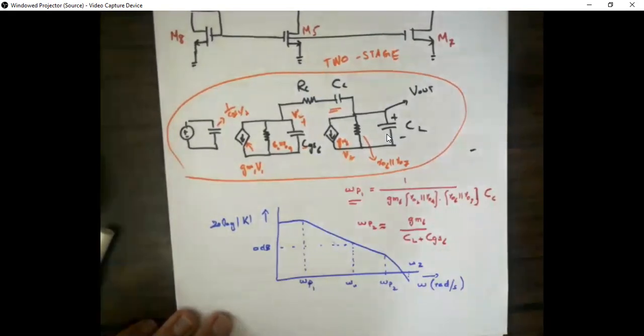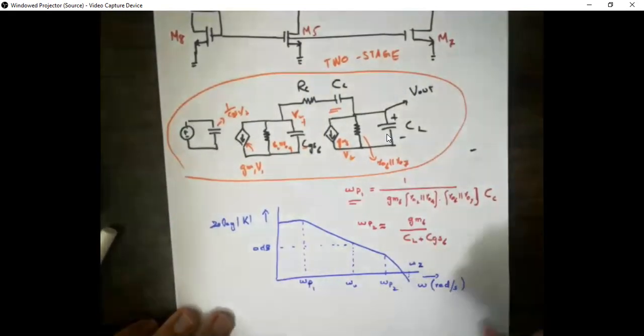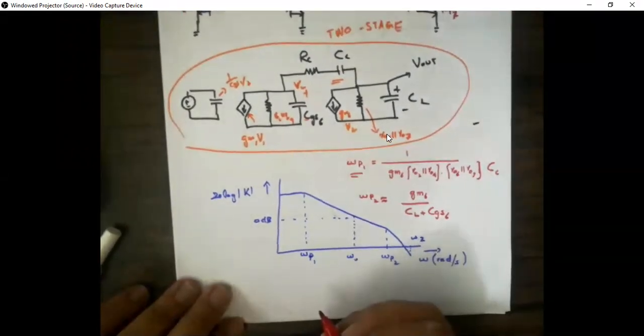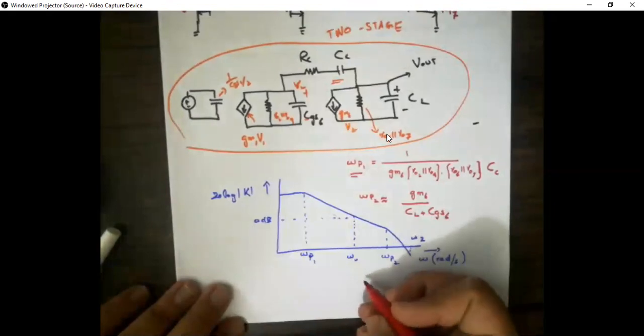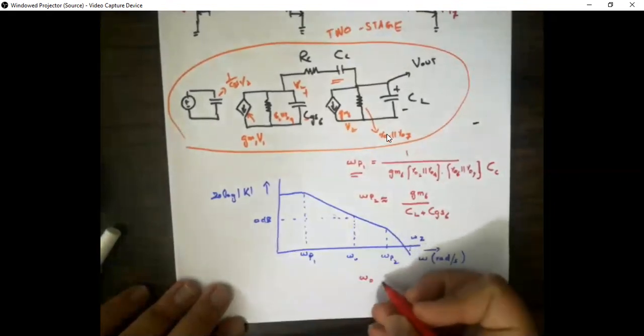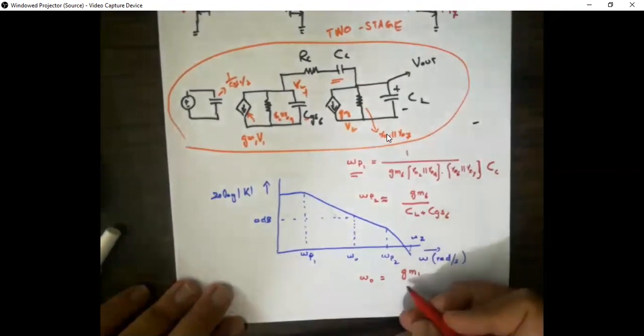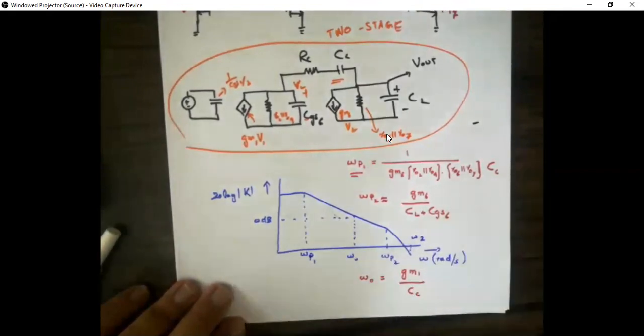So that was omega P2 for us, the second pole, the non-dominant pole. And then correspondingly, we also placed omega naught. We placed one magnitude in the H of omega equation to find omega naught. So omega naught came out to be GM1 or 2 by CC, the compensation capacitor.